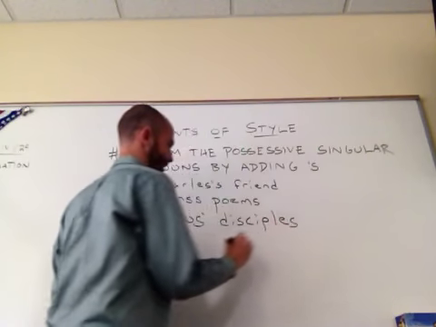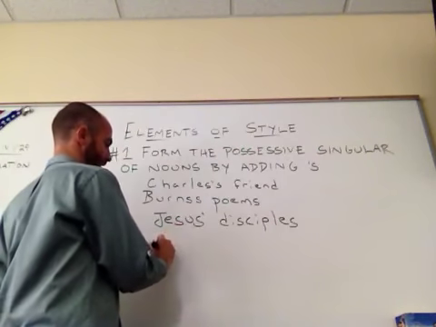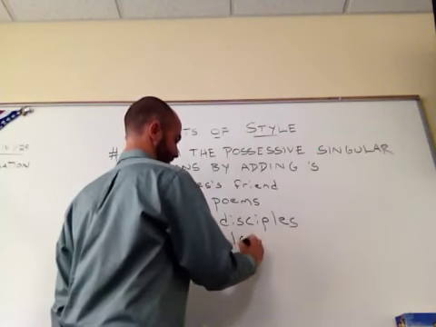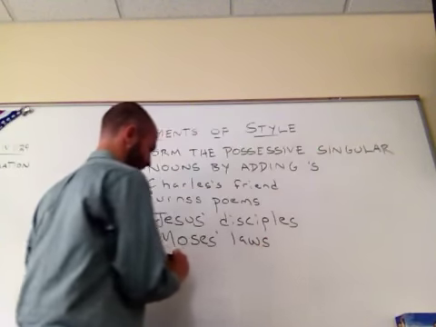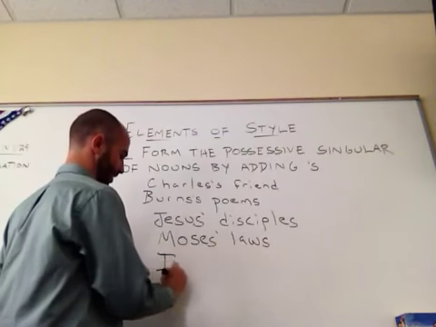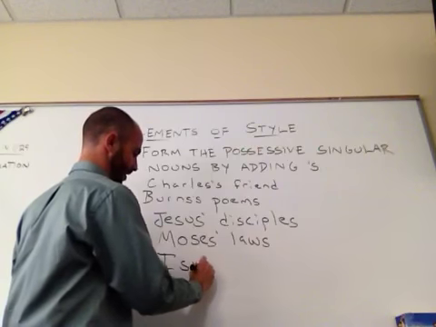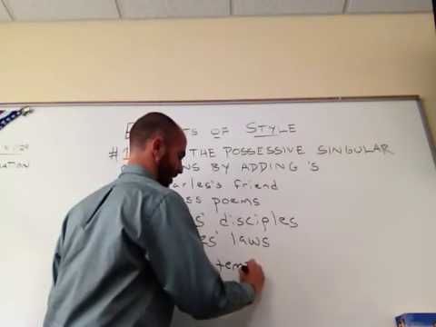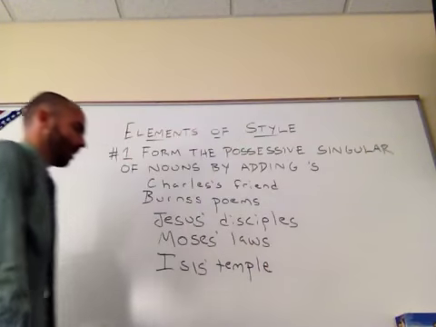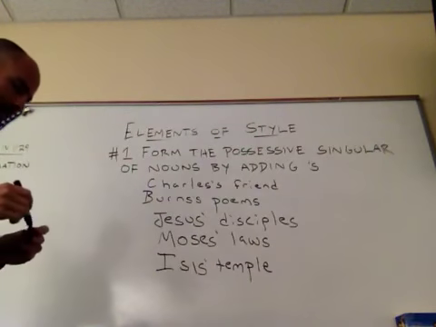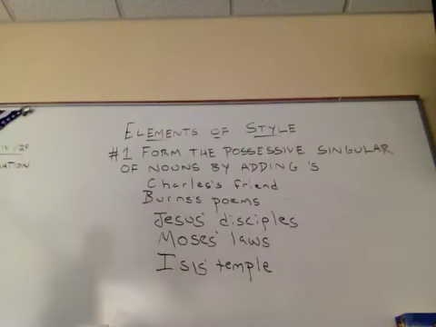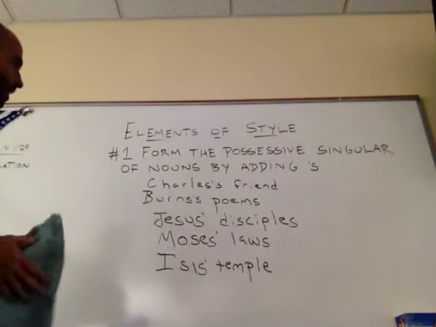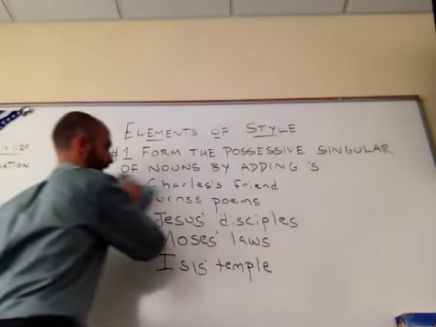When we talk about Moses' laws, same thing, only the apostrophe. Or from a different people group, Isis, Egyptian goddess, Isis's temple, same thing. So those would be exceptions to the rule, but in general, you always want to take this rule as it is: form the possessive singular of nouns by adding apostrophe s.